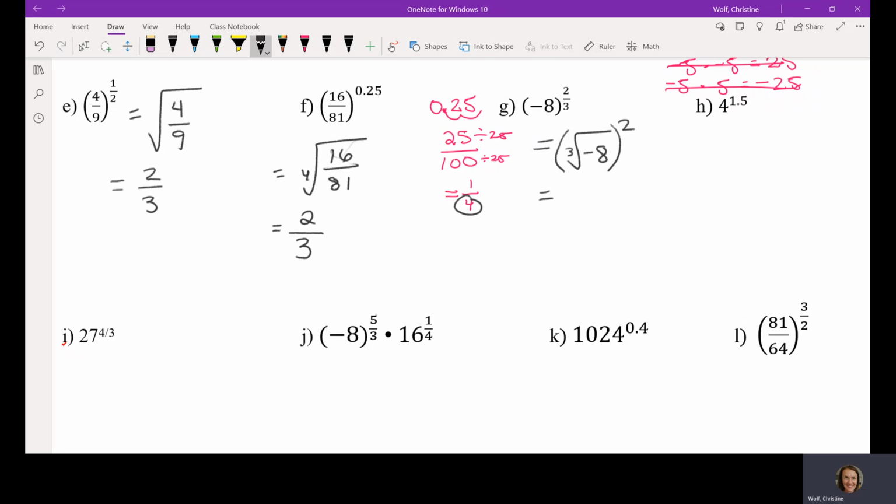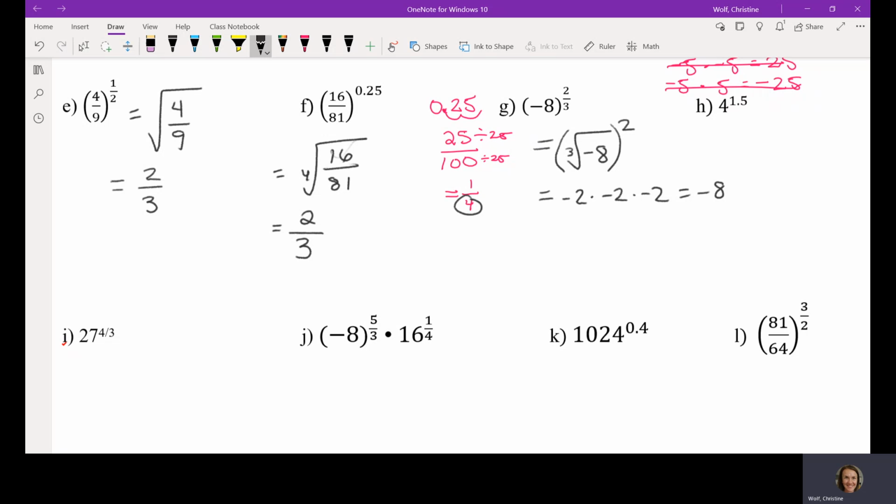Are you allowed to cube root a negative? No. Ah! You're not allowed to square root a negative. Yes, you are allowed to cube root a negative because -2 times -2 times -2 gives what we want. -8 has a cube root because there is something that times itself 3 times gives us -8, and it's -2.